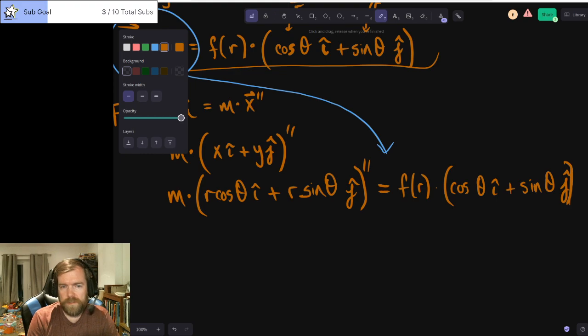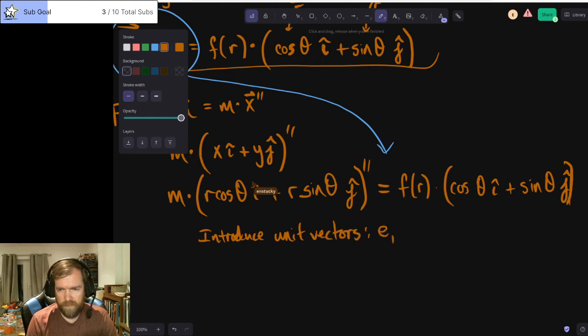What we're going to do, in order to derive this, is introduce unit vectors E1, which is going to represent cosine theta i hat plus sine theta j hat, and E2, which is the derivative of this.